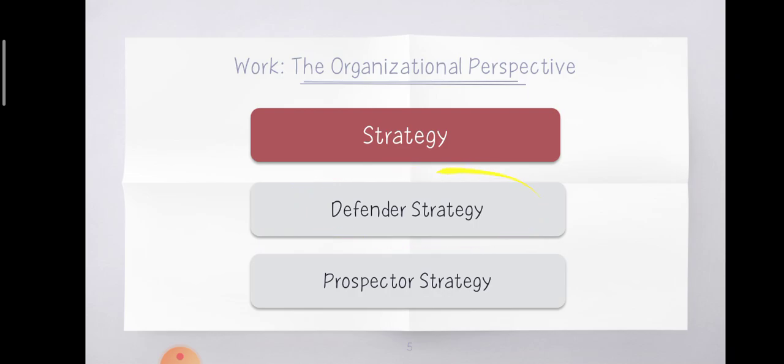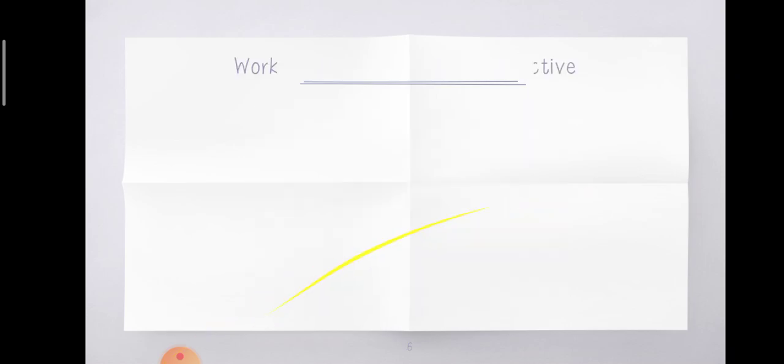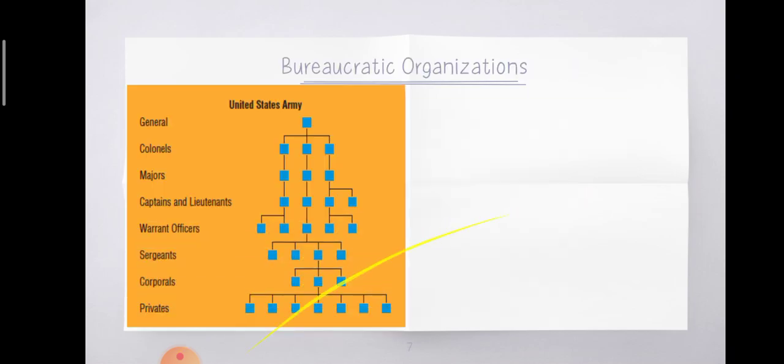So, a flat organization, or an organization that selects the prospector strategy, is likely to choose the flat organizational structure.